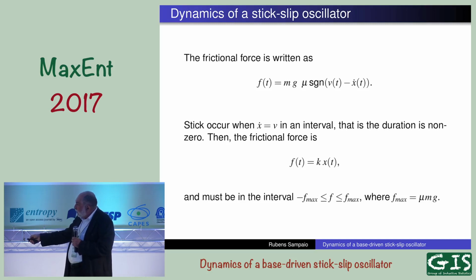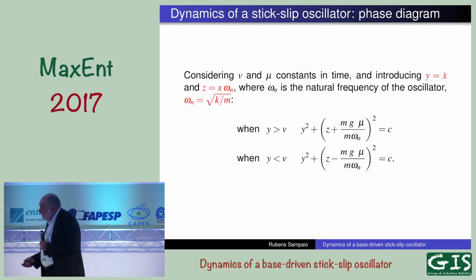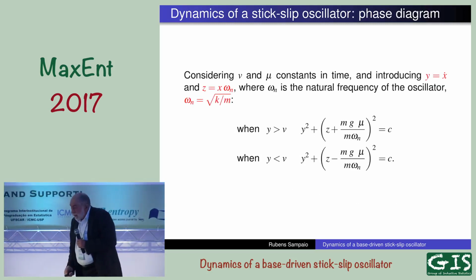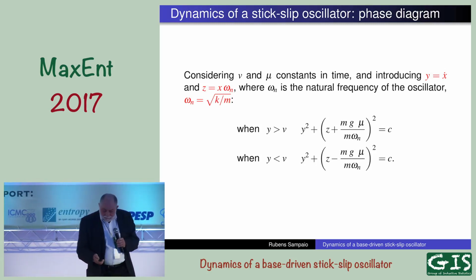And f cannot be anything. F is bounded between the maximum and the minimum. That's exactly mg times the friction coefficient. So f maximum is this. And what I want to do to study the process is study these two equations.